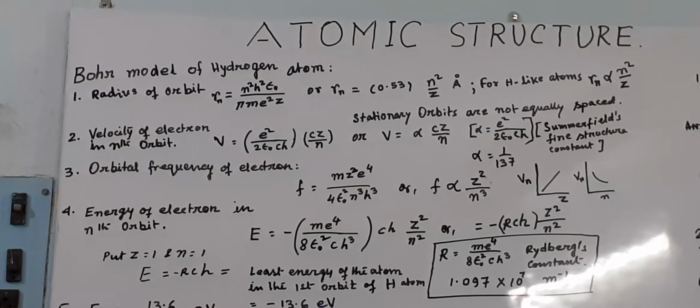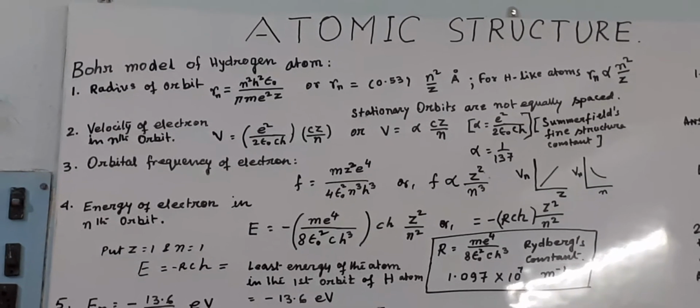So, v equal to alpha cz over n. Now, from these two, 1 and 2, we can see r n equal to 0.53 n square by z is a simplified form, and v equal to alpha cz by n is also a very simplified form. These two formulas are easy to keep in mind, and you can solve all kinds of problems with the help of these two.